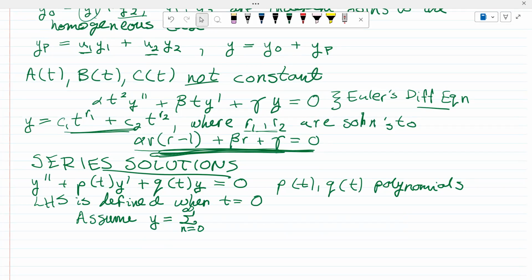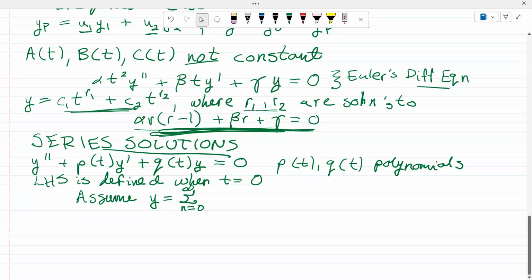So y is equal to the series from n equals 0 of a n t to the n. And then we have to do a bunch of work to get what this sequence actually looks like.